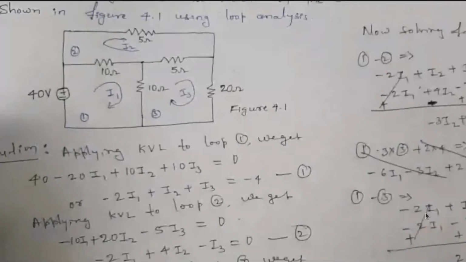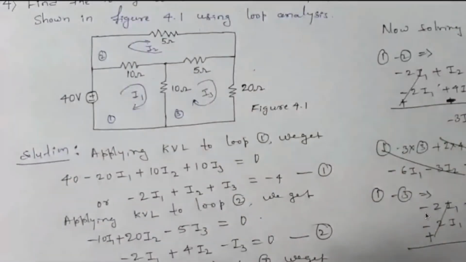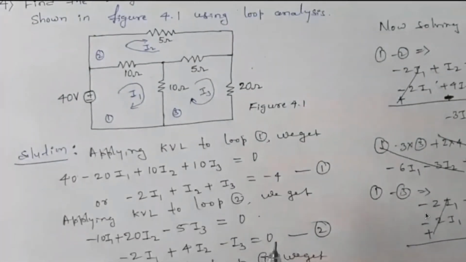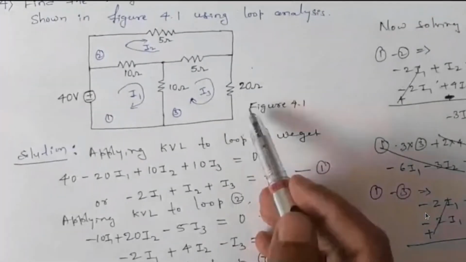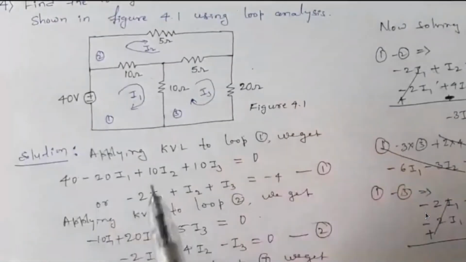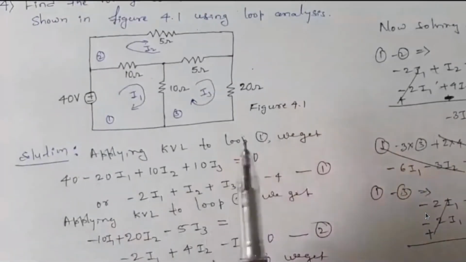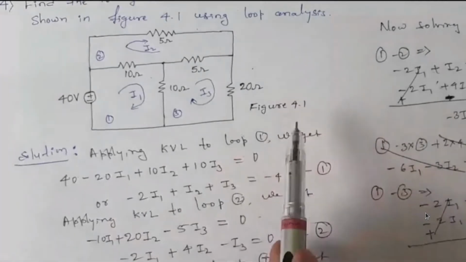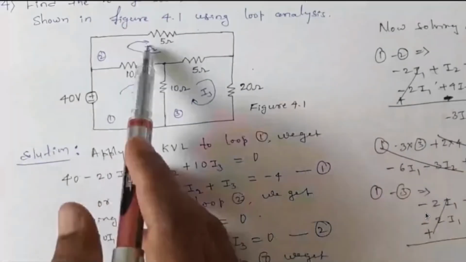One thing you should understand, dear students: whenever some parameter is asked to find, like in this case the voltage across the 20 ohm resistor, don't waste your time in finding I1 and I2 and later I3. Even if you will arrive at the solution, unnecessarily you will be finding I1 and I2 and wasting the time.